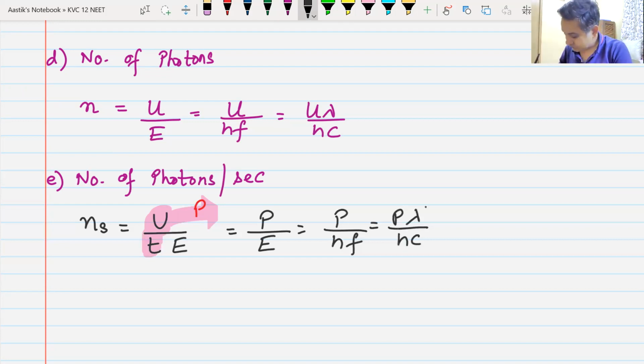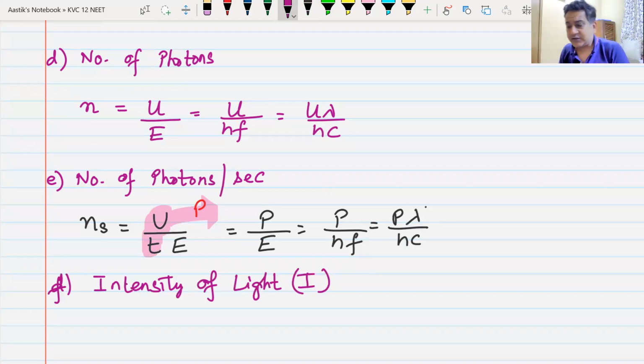So just add it. Intensity of light. Now, whenever we use this term intensity of light, and we have used it in the previous chapter as well. Do you remember intensity of light?